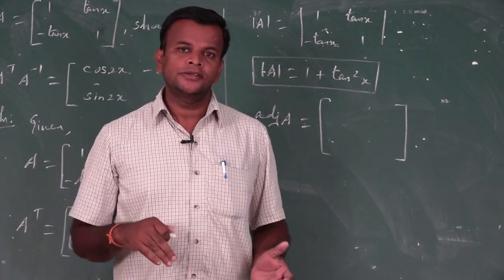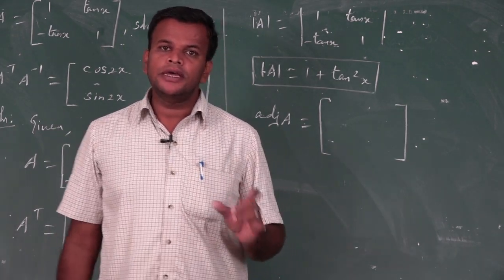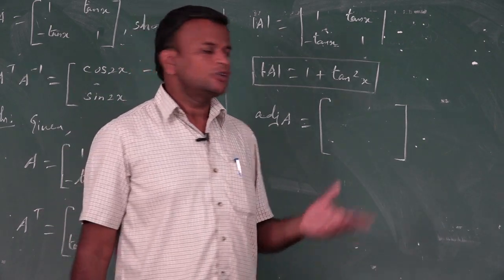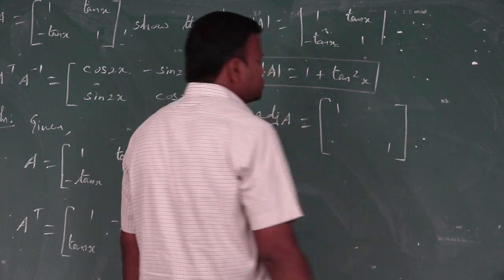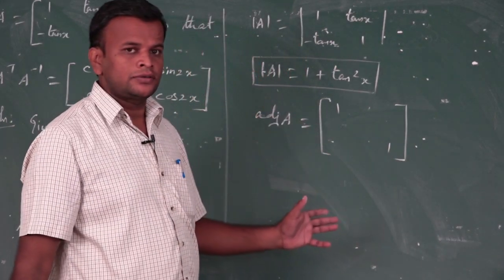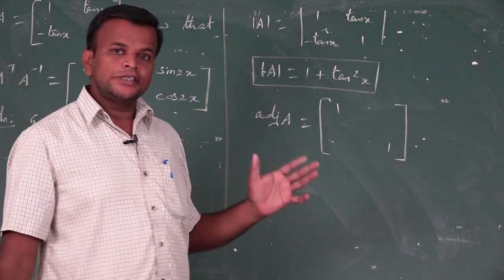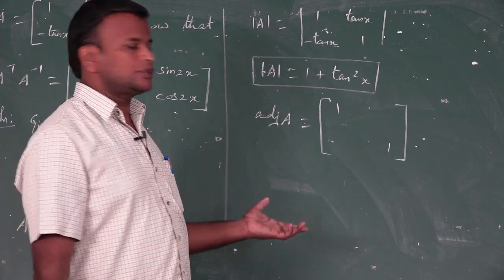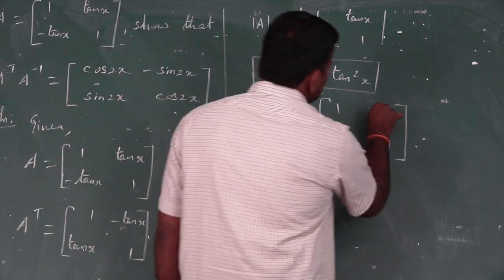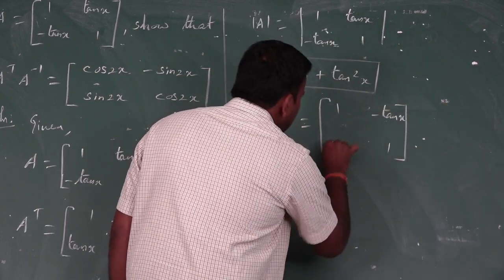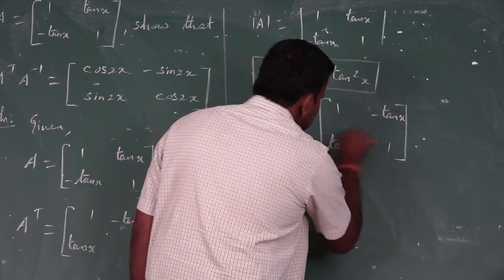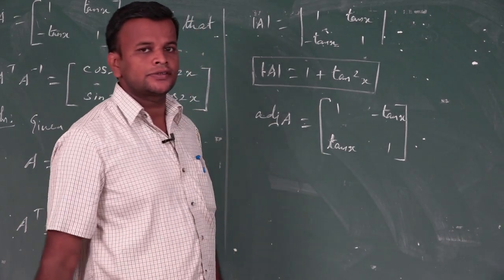The next step is to change the sign of the remaining two elements. We interchange the leading diagonal elements, both are 1, so no change. The next step, change the sign of the remaining two elements. Plus tan x is there, so it becomes minus tan x. Minus tan x is there, so it becomes plus tan x.